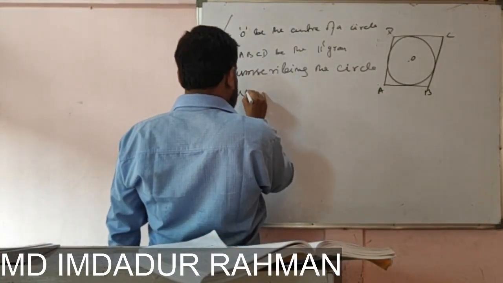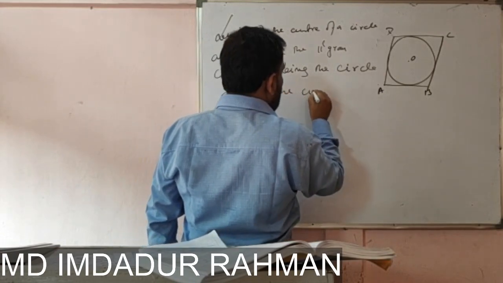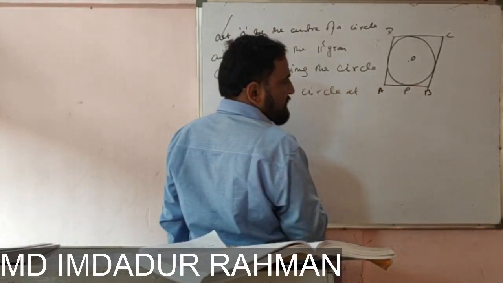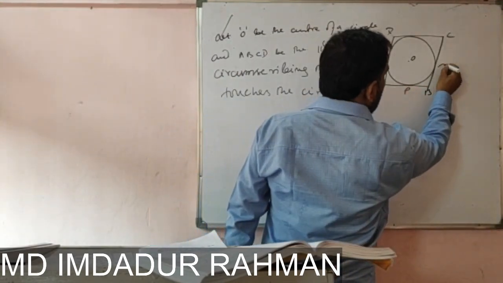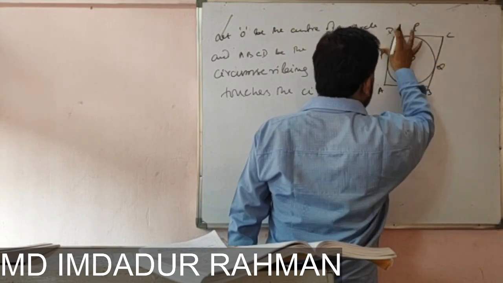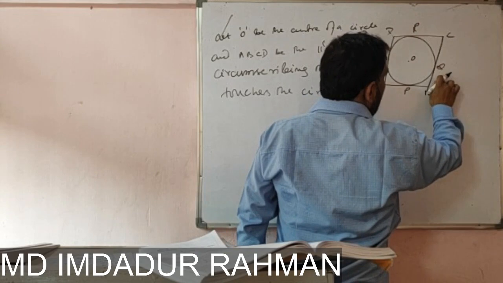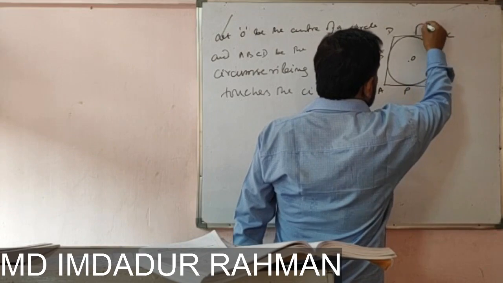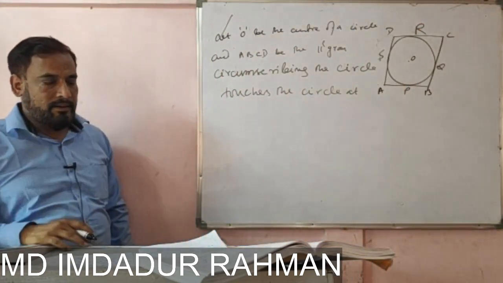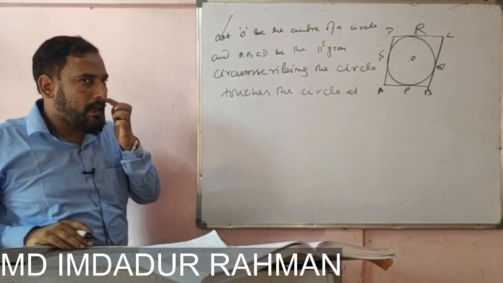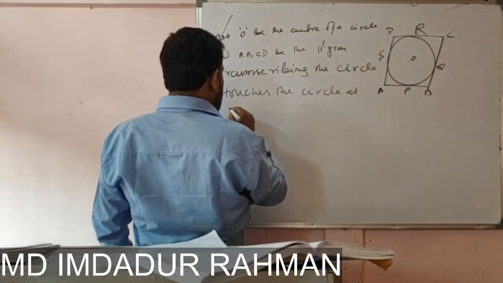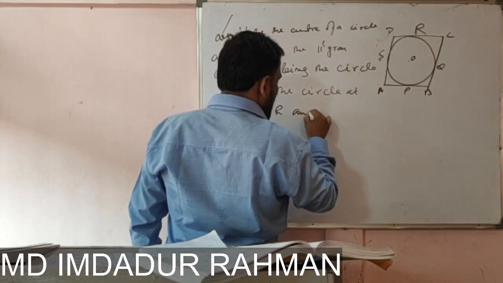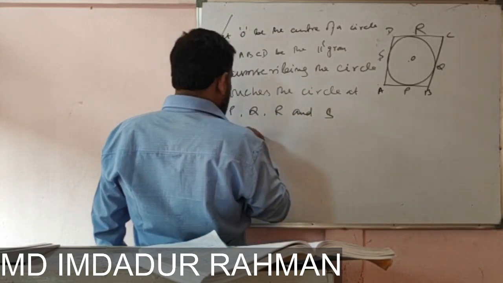You see, AB touches at P, BC at Q, CD at R and AD at S. We have to prove that this ABCD is a rhombus.